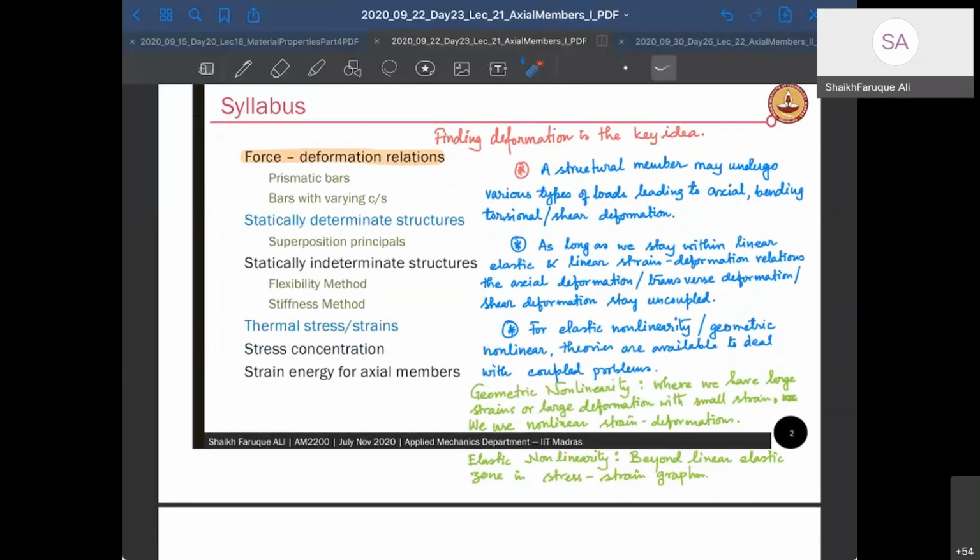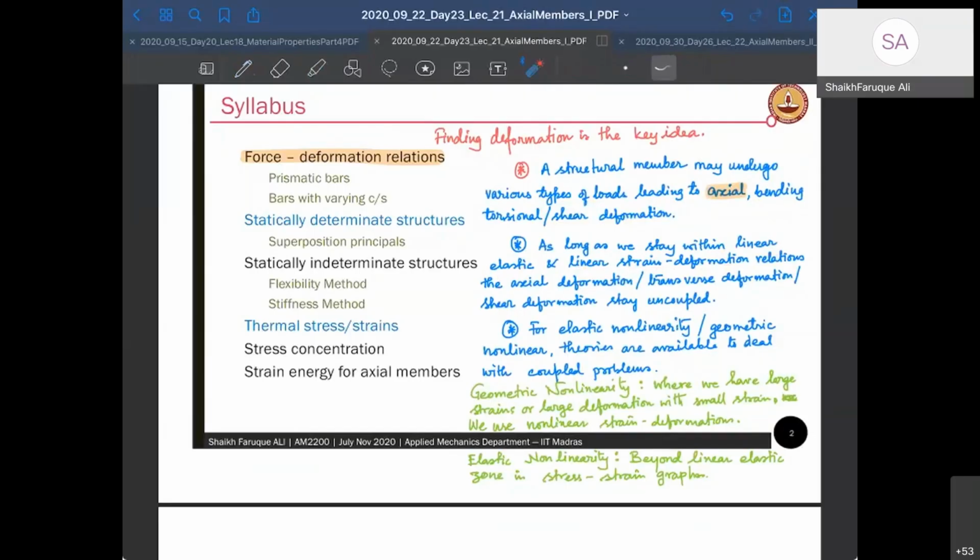All right, so while doing it, we will understand a few things here. A structural member may undergo various types of loads: axial, bending, torsion, and shear, but we are considering only axial. As long as they stay within the linear portion, with linear elastic and linear strain deformation relationships, the axial deformation, transverse deformation, torque and shear deformation remain uncoupled.